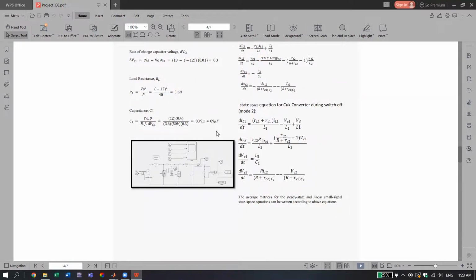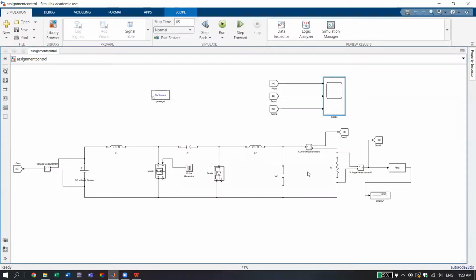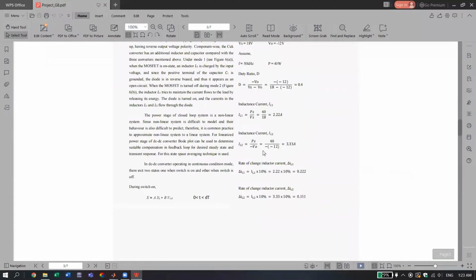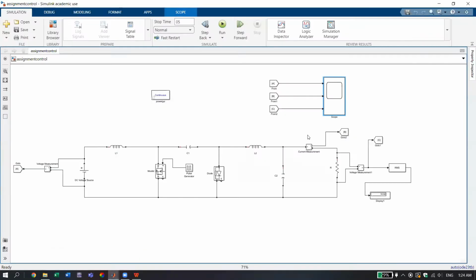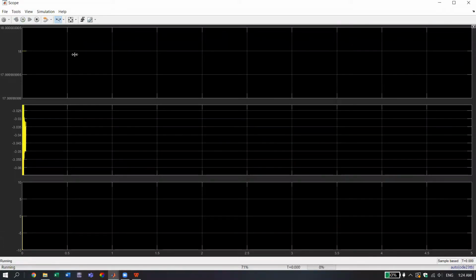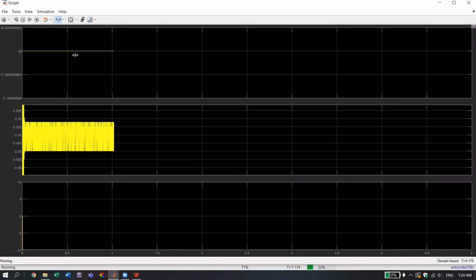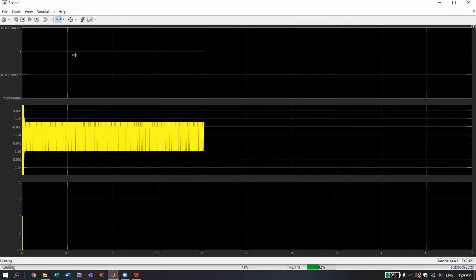This is our circuit that we constructed using Simulink MATLAB. This is the output for the Simulink. We will run it first.